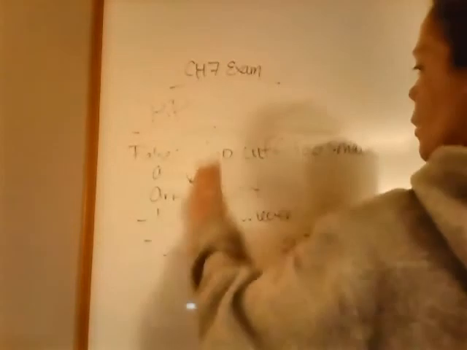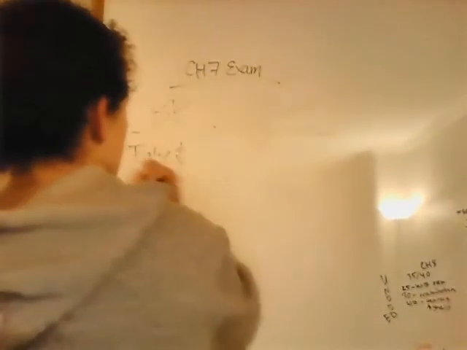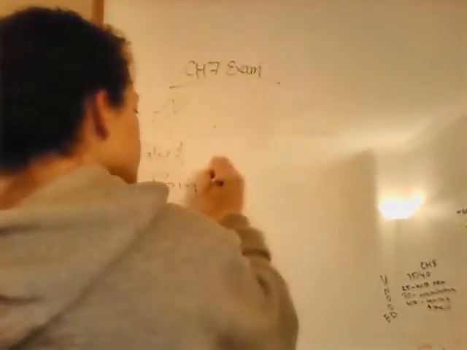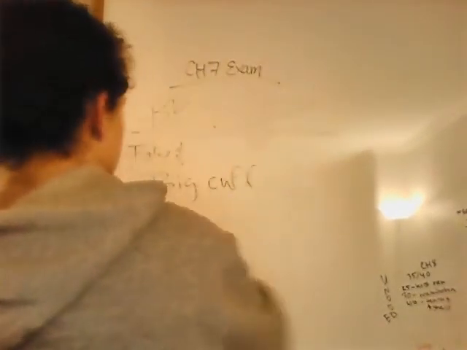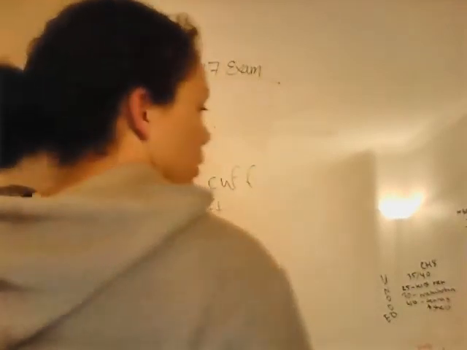Now, the false low reading. If the cuff being too small causes a false high, then a cuff being too large is going to cause a false low. So false low reading, too big of a cuff. Repeating the measurement over and over again will also cause a false low.